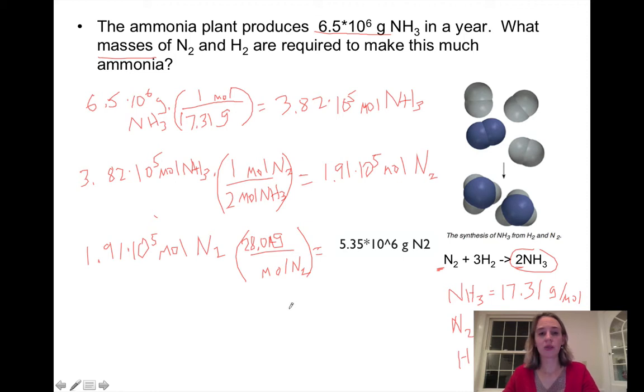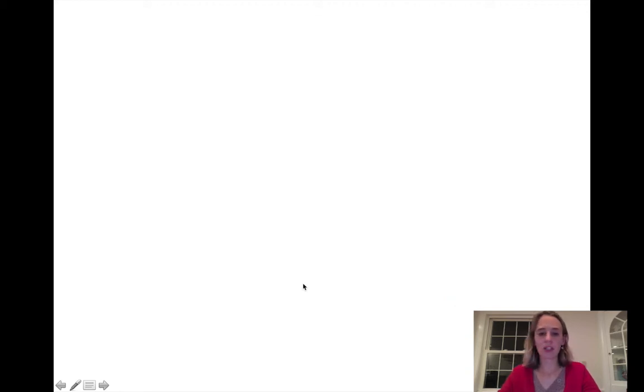Now, let's start with a blank slate to answer the second part of this question. What mass of hydrogen is required to make this much ammonia? And I'm going to show you how to do it in one step. On the previous slide, we calculated that 6.5 times 10 to the 6 grams of ammonia is equivalent to 3.82 times 10 to the 5th moles of ammonia.